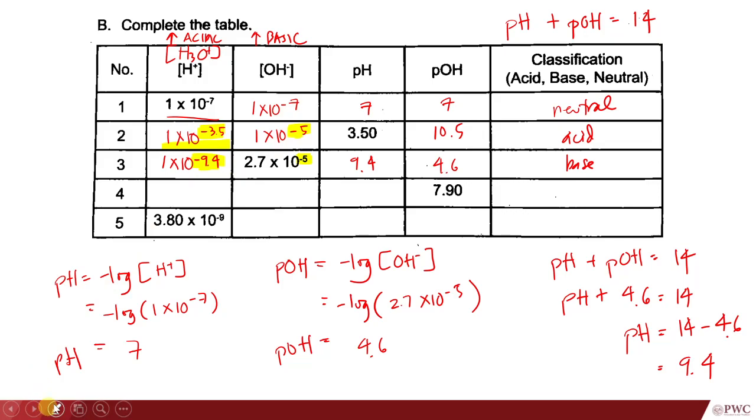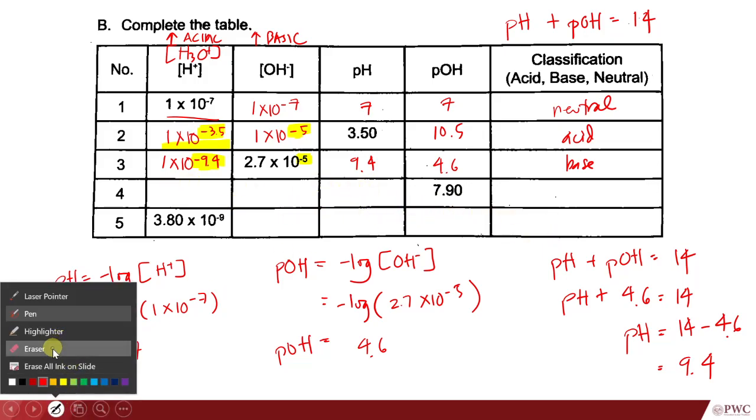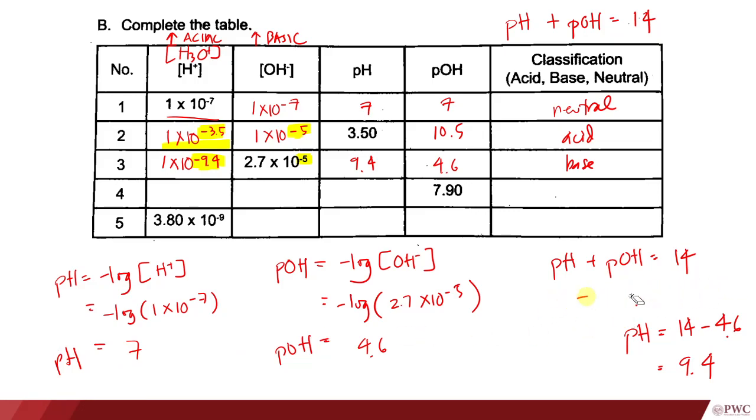Next, let's go to the fourth one. So here we have 7.90 as the pOH. What are the other numbers we can get from this one? We can calculate for the pH, right? So let's use this equation again. Again, pH plus pOH is always equal to 14. We can use this one to find out the pH. The pH is unknown.